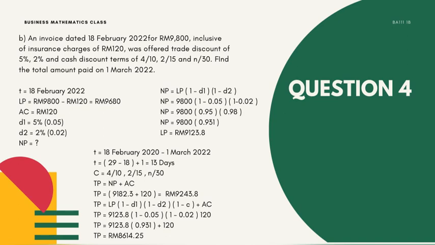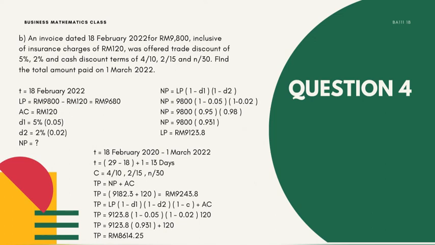The cash discount terms are 4/10, 2/15 and n/30. TP equals NP plus AC, 9,123.80 plus 120, and we will get RM9,243.80.